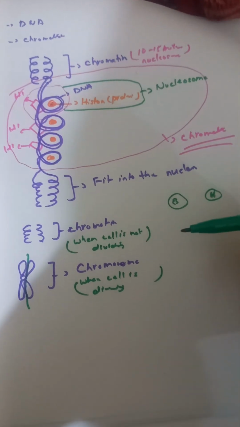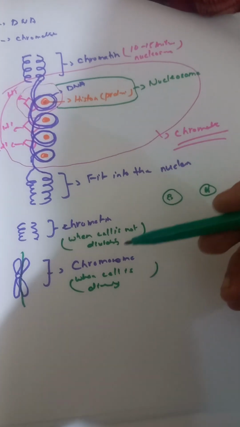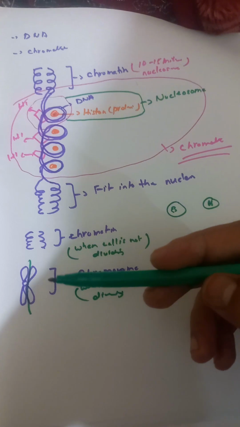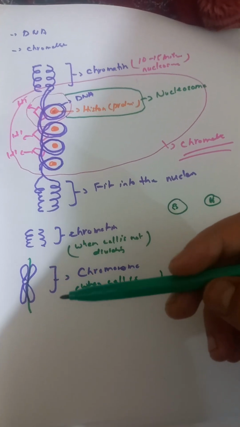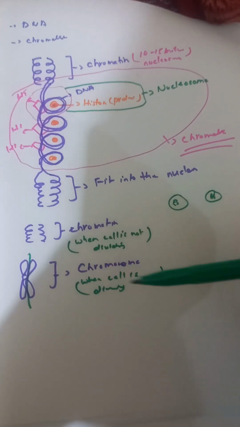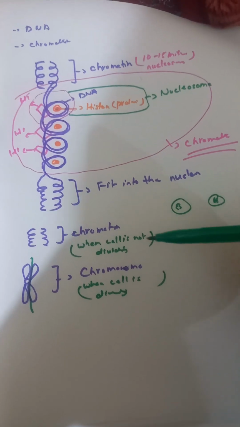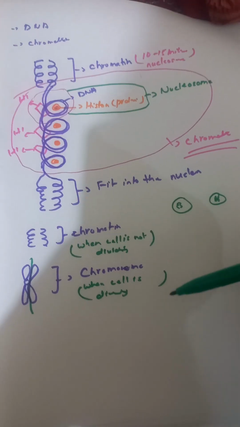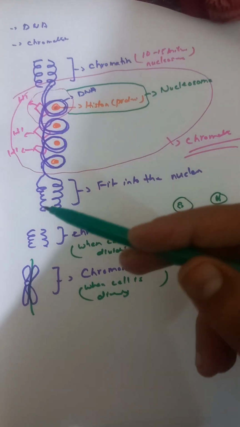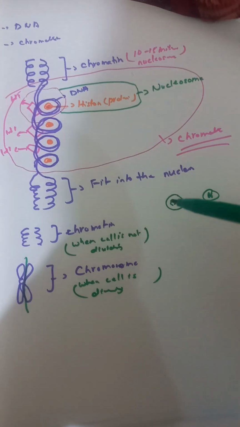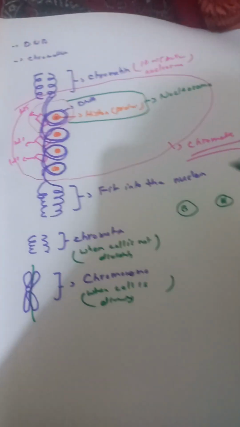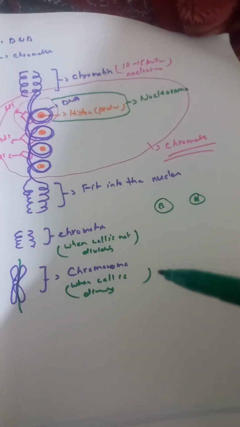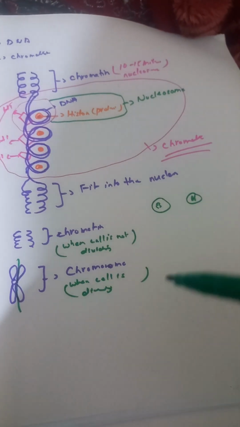Just one thing, when the cell is dividing, they change their structure into a highly condensed form so that it can divide easily. And chromatin is just a little bit looser than the chromosome. It is only tight enough so that it can fit into the nucleus. Okay, if you want a detailed lecture on the structure of chromosome or DNA, then you can comment below so that I can make one.